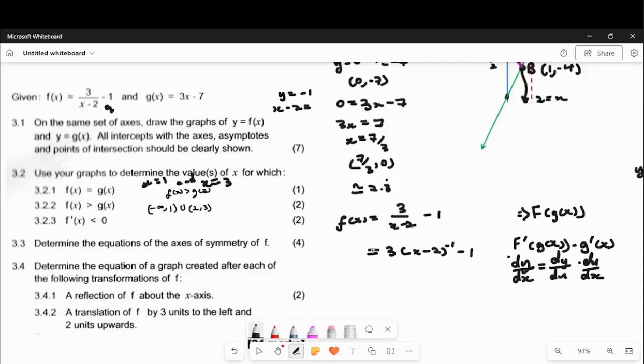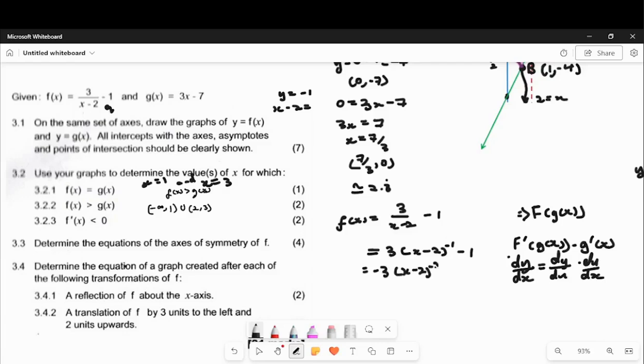In this case, the bigger f is this entire function, and the internal g of x is this function inside our braces. Deriving the external function, this is going to be negative 3, and then x minus 2, we keep that the same.